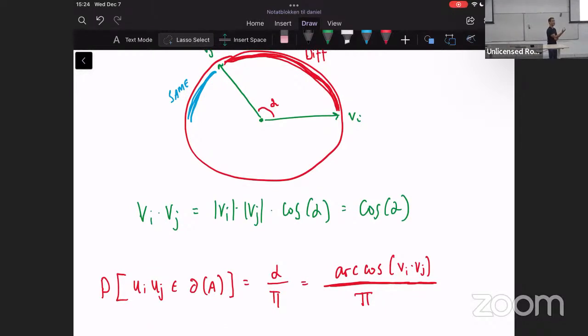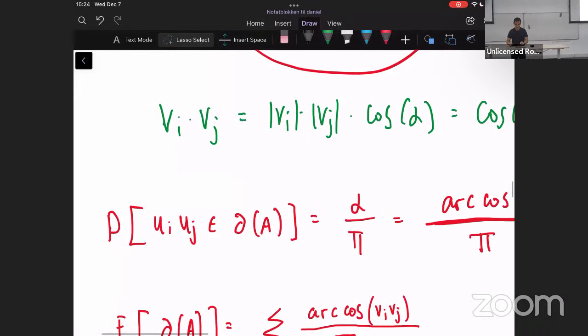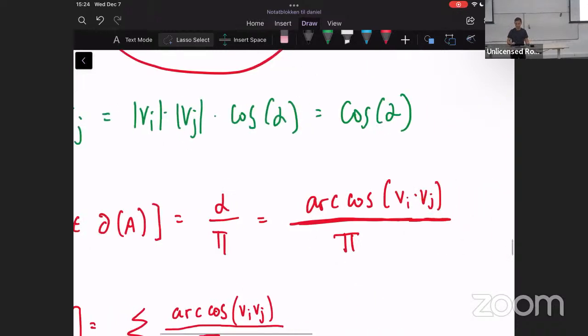Alpha is some angle between 2 vectors. We don't have the angle, but we do have their dot product. And the dot product of 2 unit vectors happens to be cosine of alpha. So in particular, the probability that the edge ui uj is in the cut is alpha over pi, which is arc cosine of vi dot vj over pi.